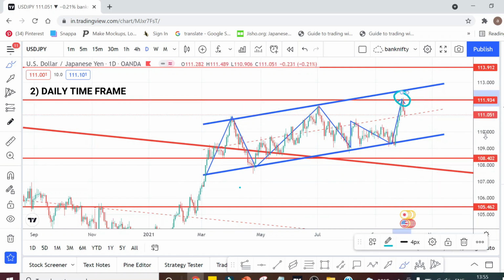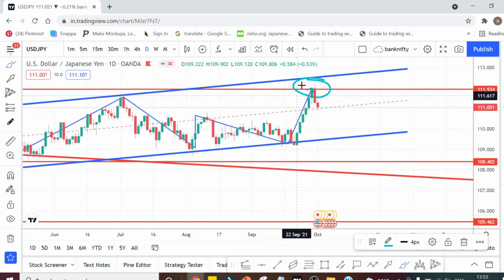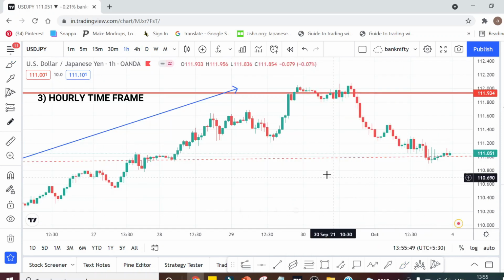This resistance is from the weekly time frame, and it is finding it difficult to break this resistance, but it is traveling within a channel pattern. It tested this resistance and started retracing. Let us do the technical analysis in the hourly time frame.